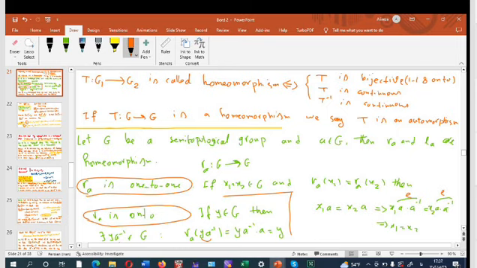Sorry, this is homeomorphism, not homomorphism. Homeomorphism, okay? Homeomorphism.